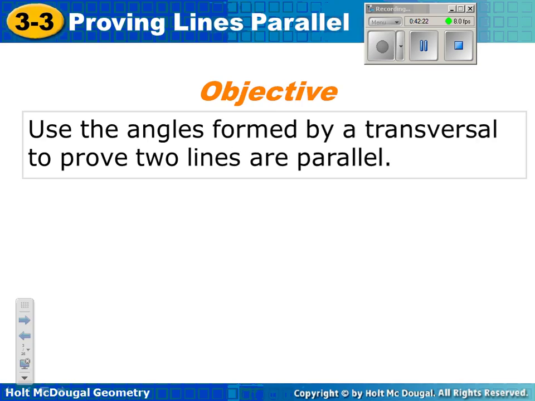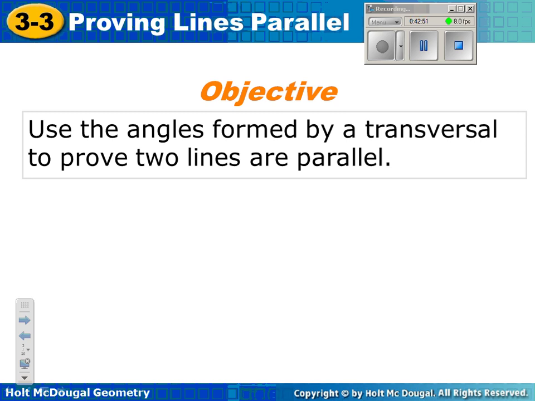So here's what this section is going to do. Look back at your theorems from the ones you had in 3-2. Instead of saying, if the 2 parallel lines are cut by a transversal, then corresponding angles are congruent, it's going to switch it. And it's going to say, if two lines, and it's not going to say they're parallel.